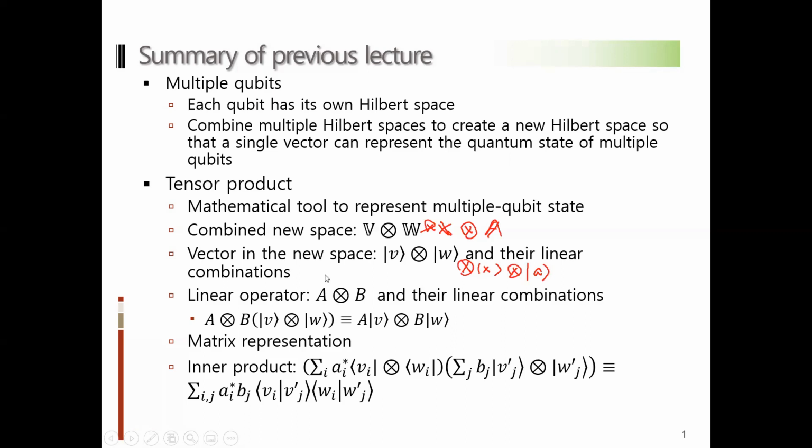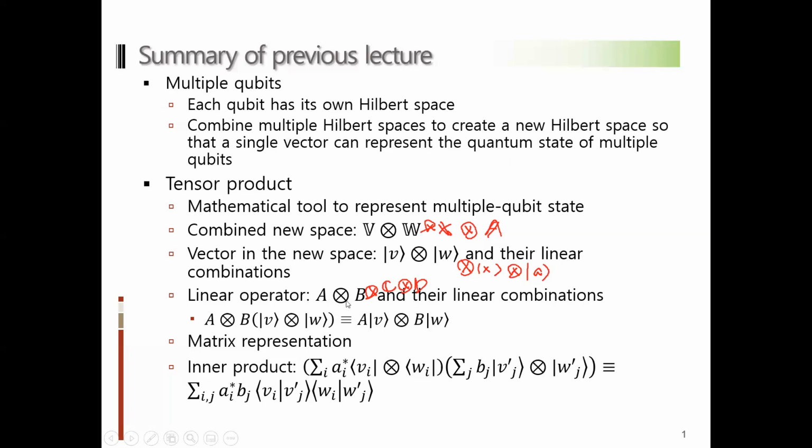So the linear operator itself should also be extended to include more options. The linear operator in this new space should be the tensor product of the four different operators coming from the original vector spaces.